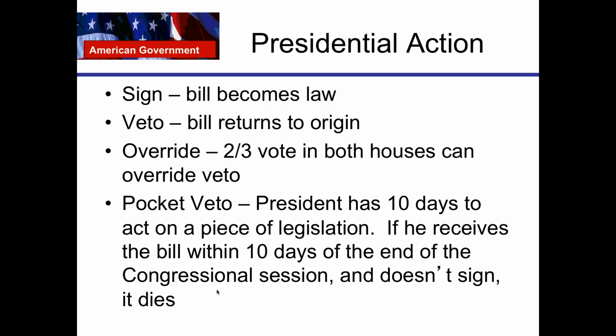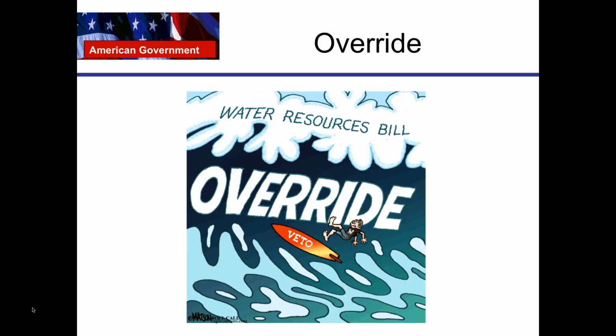So if the president receives a piece of legislation and the congressional session ends, it's going to die, but if the congressional session is continuing, it will automatically become law. All right, so let's remember that overriding takes a 2/3 vote in both chambers to override a veto.